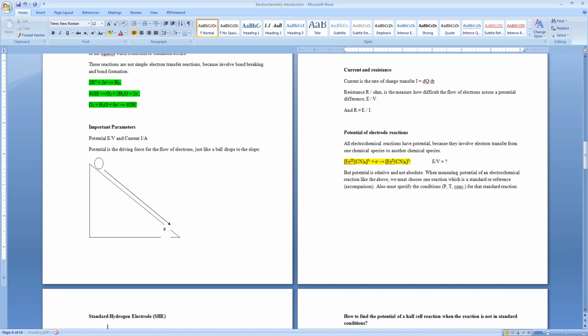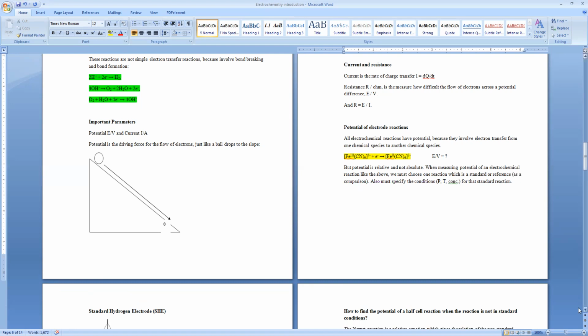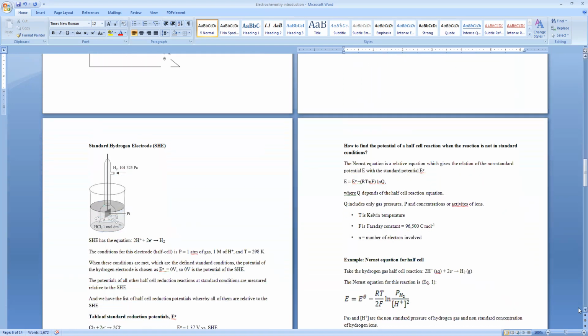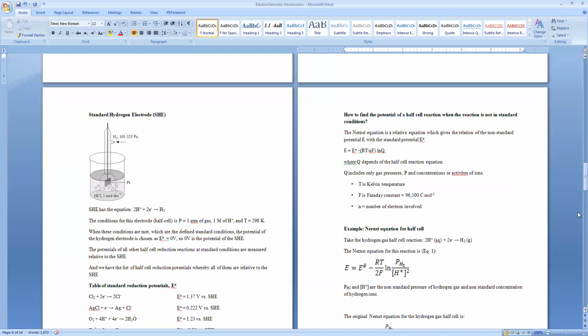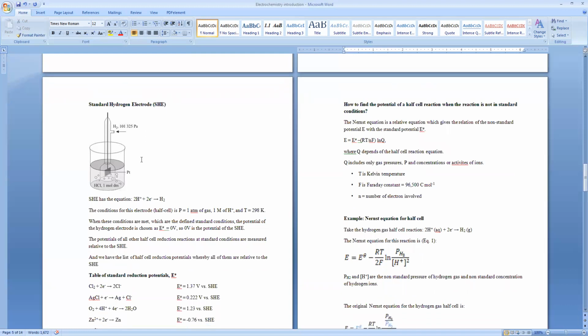Okay, as a comparison. We must also specify the conditions for the standard reaction, like pressure, temperature, and concentration for that standard reaction. So that standard reaction we choose, or that is chosen, is the standard hydrogen electrode, known as SHE.